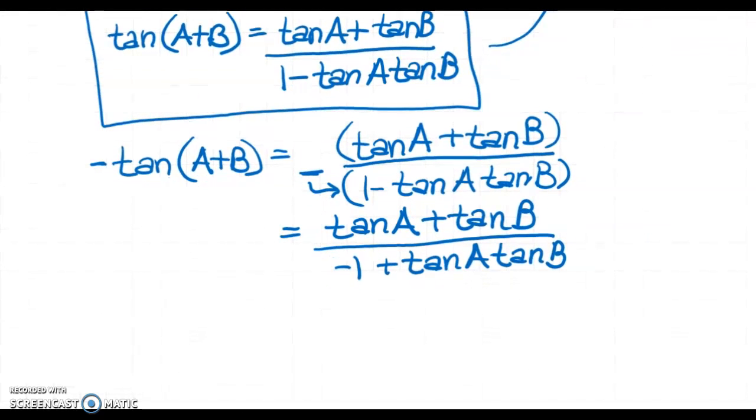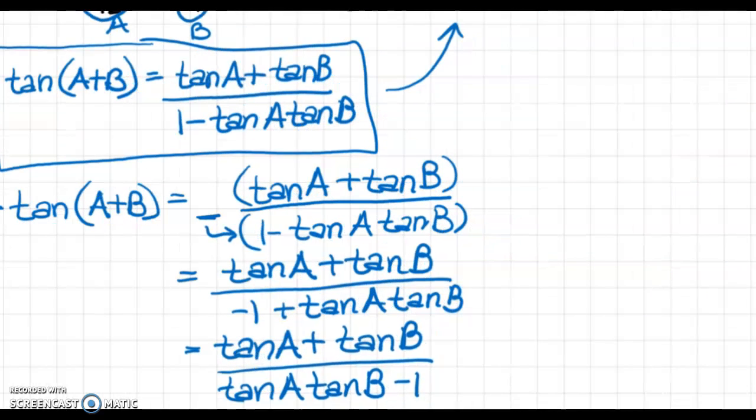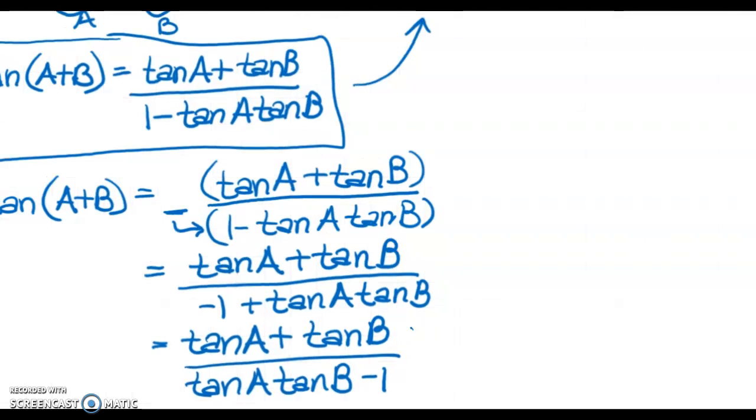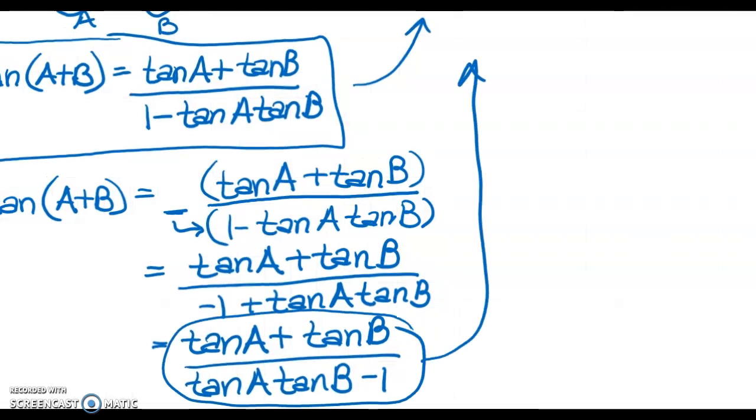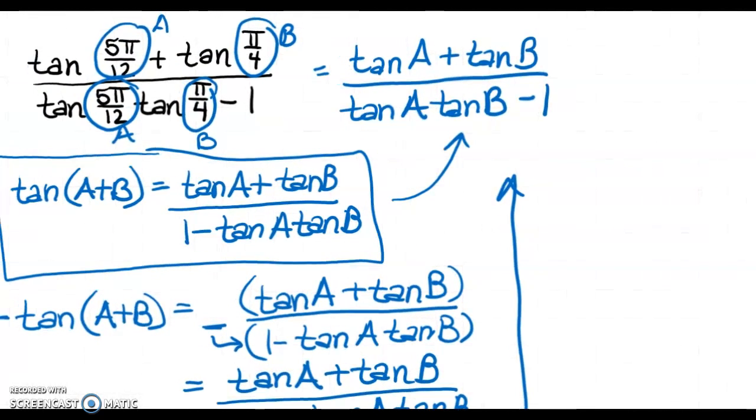So if I just flip these two bottom terms, I get exactly what we have in our example. Tangent of A, tangent of B minus 1. Memorize this because I'm not going to be able to fit the other one up there. Exactly what we need for our example.